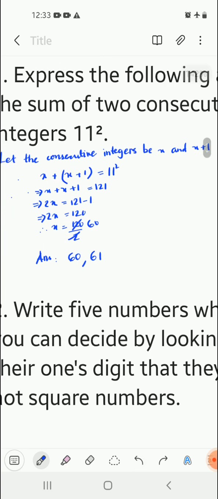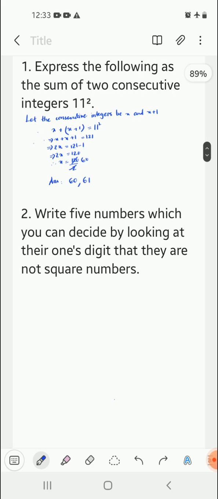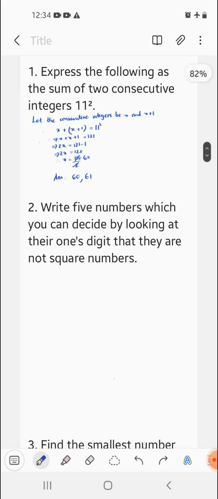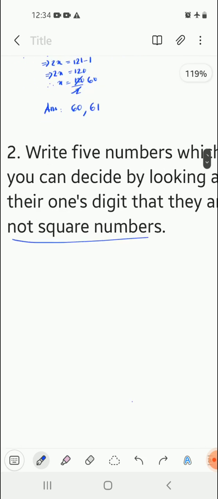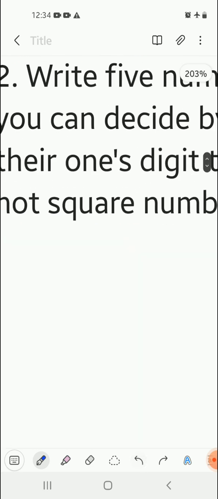Moving on, write 5 numbers which you can decide by looking at their units place that they are not square numbers. In this case, there's a simple thing that we can do. First, you can just write prime numbers because it's not stated how many digit numbers you have to find out.